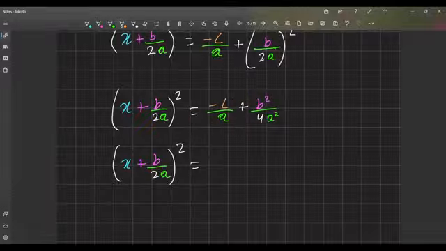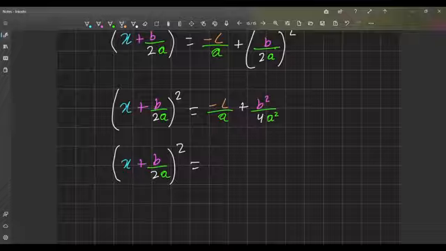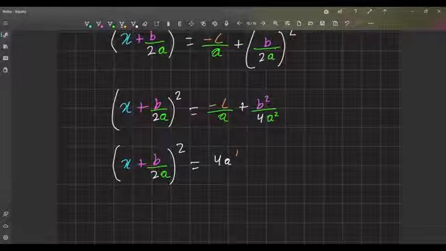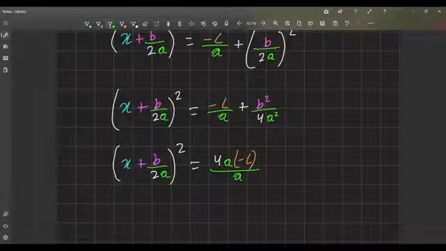So what I'll get is 4a into negative c upon a.